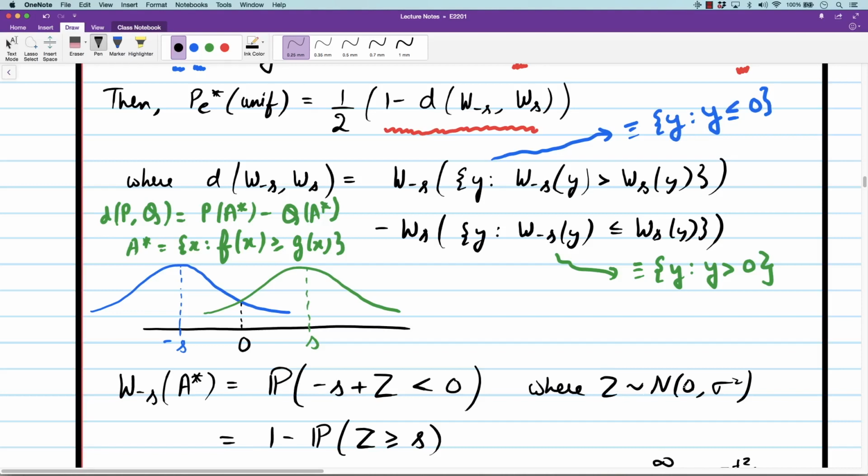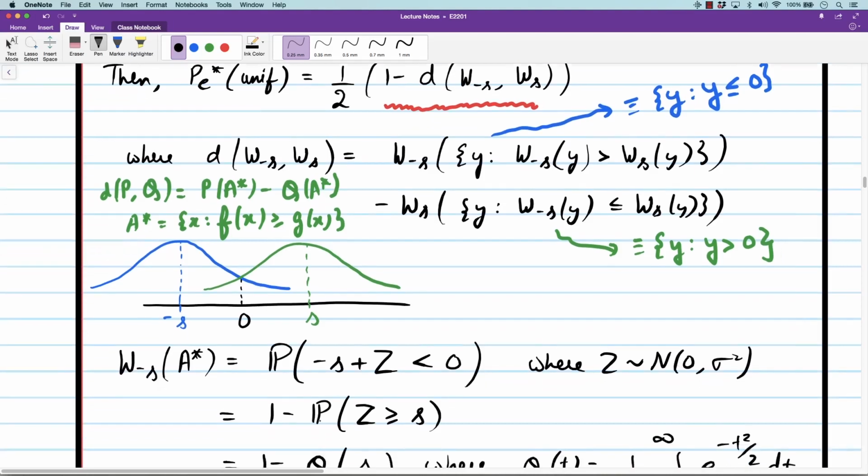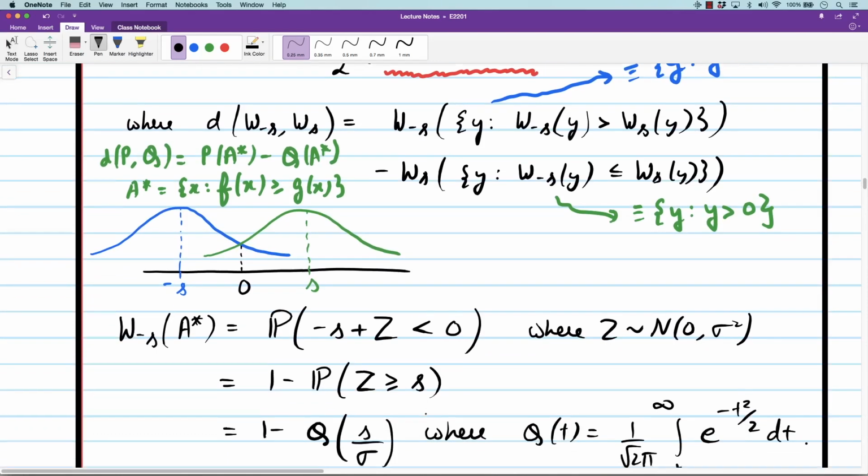Under W minus s, y is a Gaussian random variable with mean minus s and variance sigma squared, so I took out that minus s to get this z. So this probability is just 1 minus the probability that z, a Gaussian random variable with mean 0 and variance sigma squared, exceeds s.